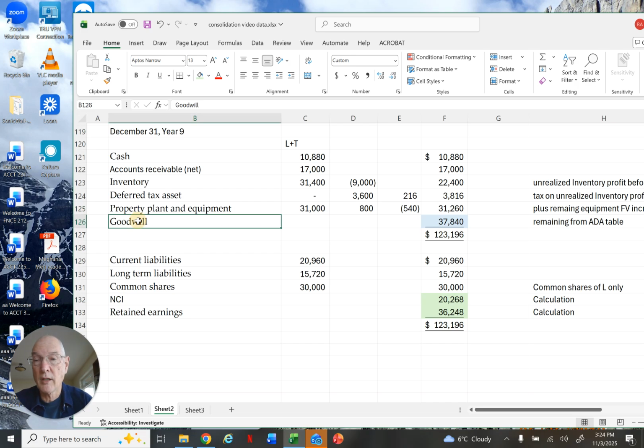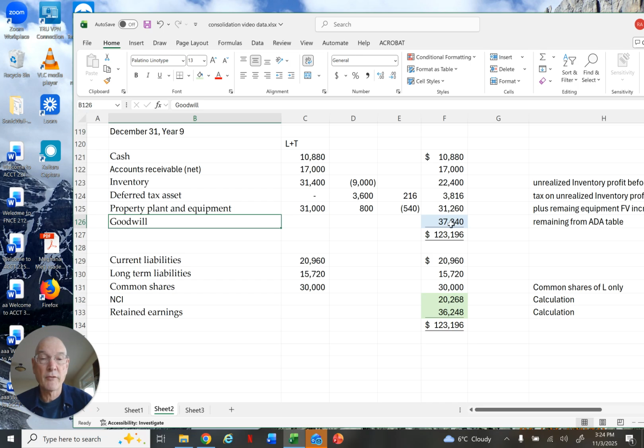Now, goodwill, I just want to caution you about goodwill. You have to be careful. If you just add the two balance sheets together, L plus T in this case, you're not going to find goodwill because goodwill was calculated for consolidation. It's not on the books of Lunenburg, not on the books of Tofino. So don't forget to put it on your balance sheet.